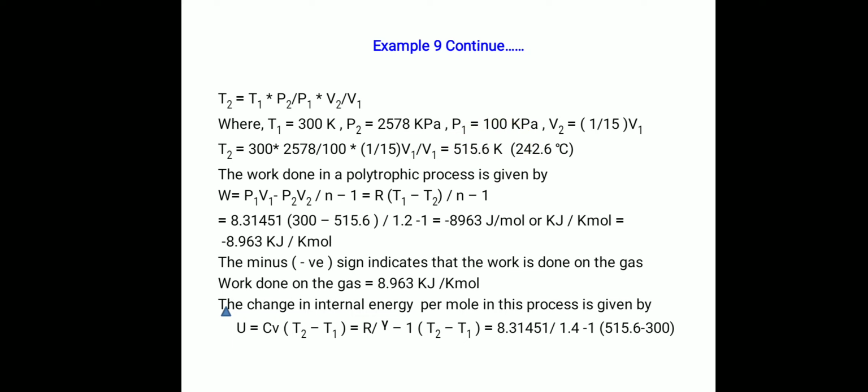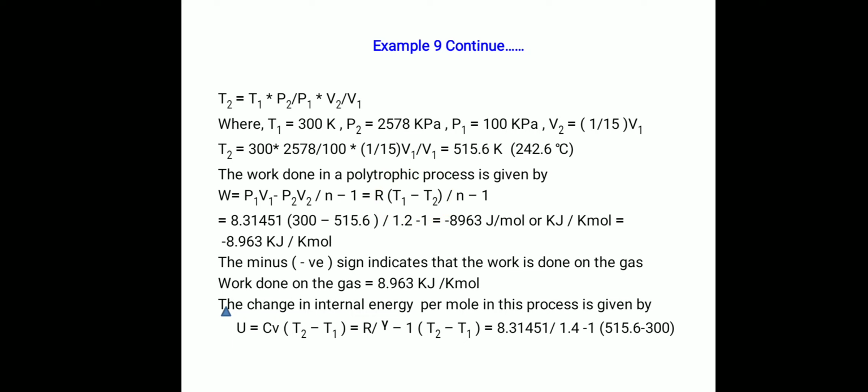So replace the P1 V1 minus P2 V2 terms in terms of R T1 minus R T2, and we know that R is the universal gas constant, so it can be taken as common. So R into T1 minus T2 divided by n minus 1.